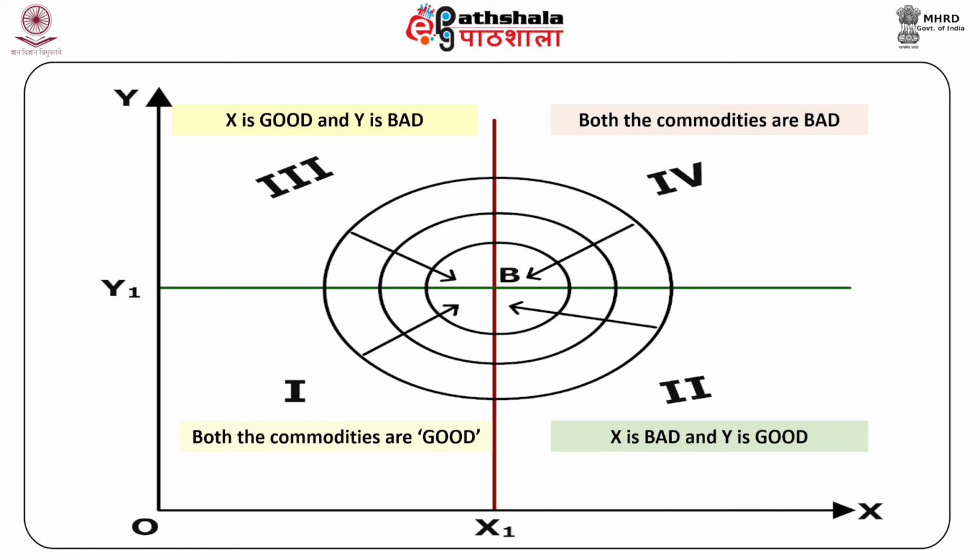You can see figure 16. When the consumer has an excess of a commodity so that it becomes a bad, his satisfaction can be increased by reducing that bad. For example, the consumer can increase his satisfaction by moving from point P to Q. In general, the preference direction of the consumer will be towards point B. That is, the closer the consumer is to point B, the better off he is.